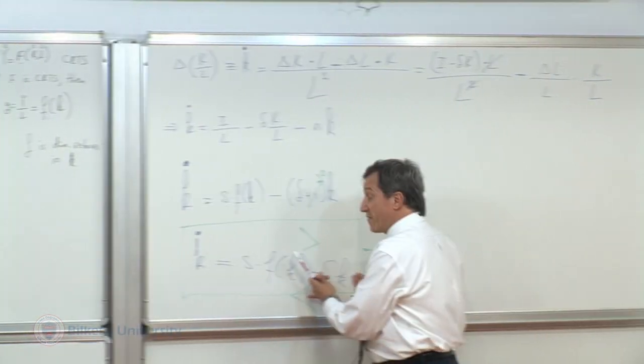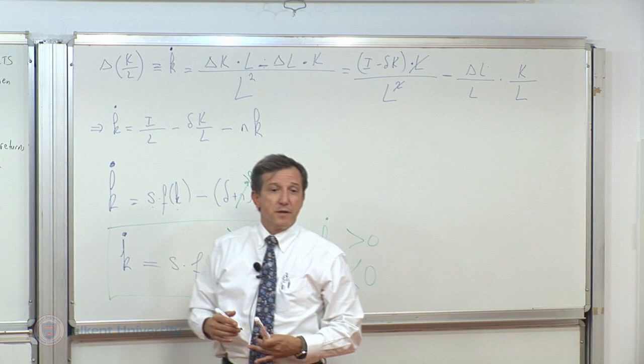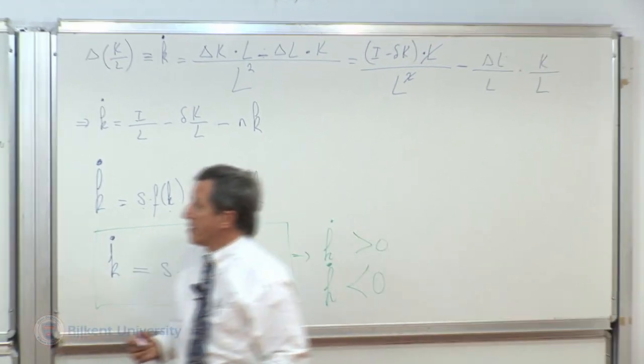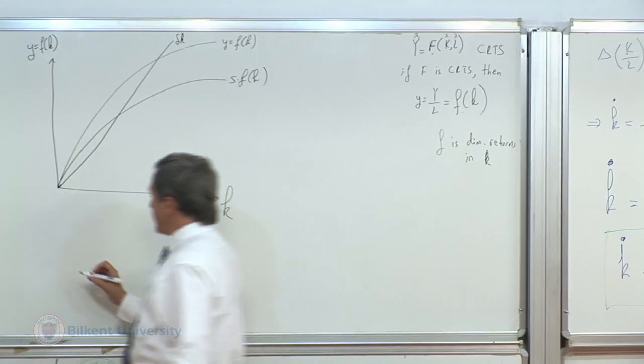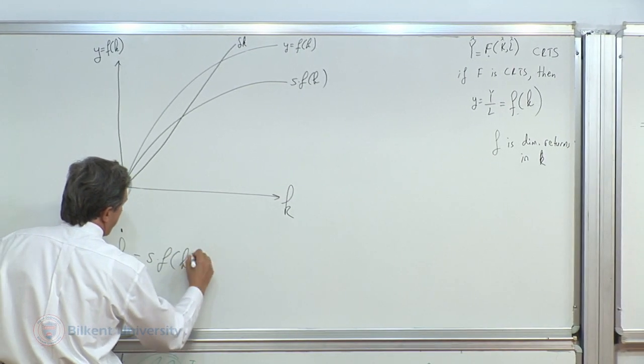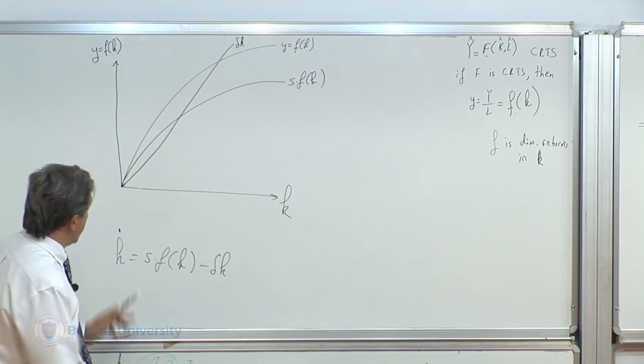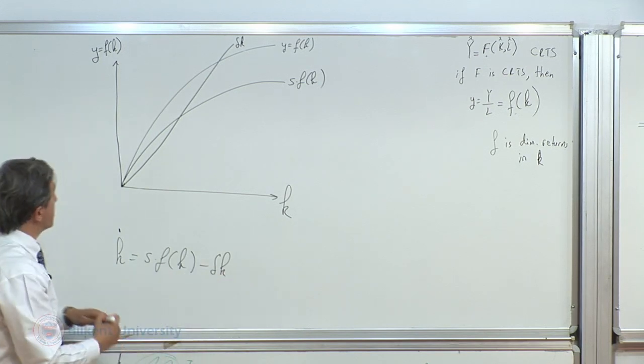And the difference between the two is the change in capital. So k dot is s times f of k minus delta k. That is investment minus depreciation.